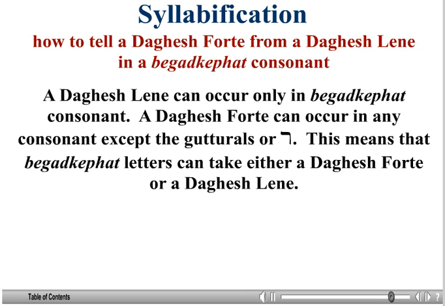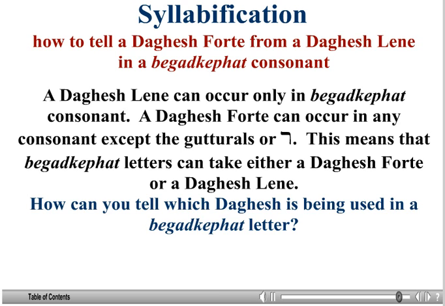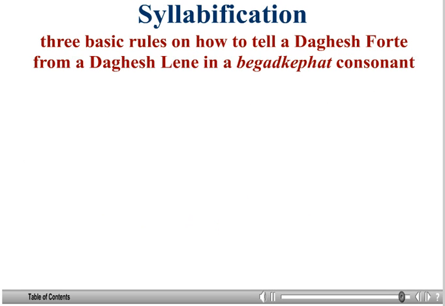A Dagesh Lene can occur only in a Bagad Kafat consonant. A Dagesh Forte can occur in any consonant except the gutturals or resh. This means that Bagad Kafat letters can take either a Dagesh Forte or a Dagesh Lene. How can you tell which Dagesh is being used in a Bagad Kafat letter? There are three basic rules.